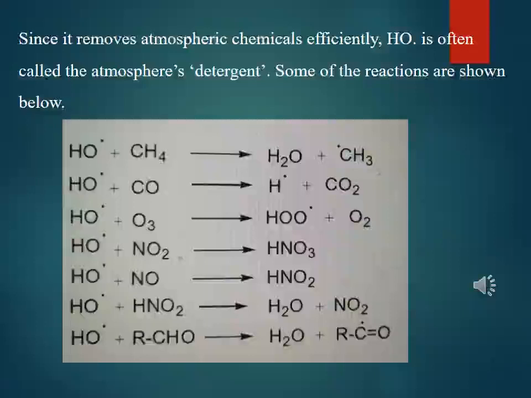Hydroxyl radical then reacts with volatile organic matter, or aldehydes, to form water and a carbonyl radical. The last one, this radical, RC dot double bond O, is the carbonyl radical, because C double bond O is a carbonyl group and carbon has an unpaired electron.